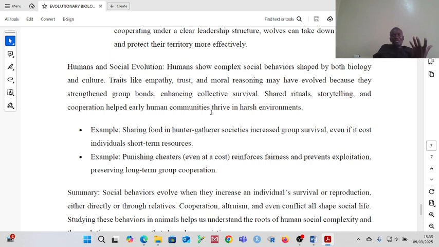Because when someone lies, they are subjecting someone to unfair treatment. Okay? So if these people are punished collectively, then you are reinforcing fairness, you are preventing exploitation, and that's what the law is based on.